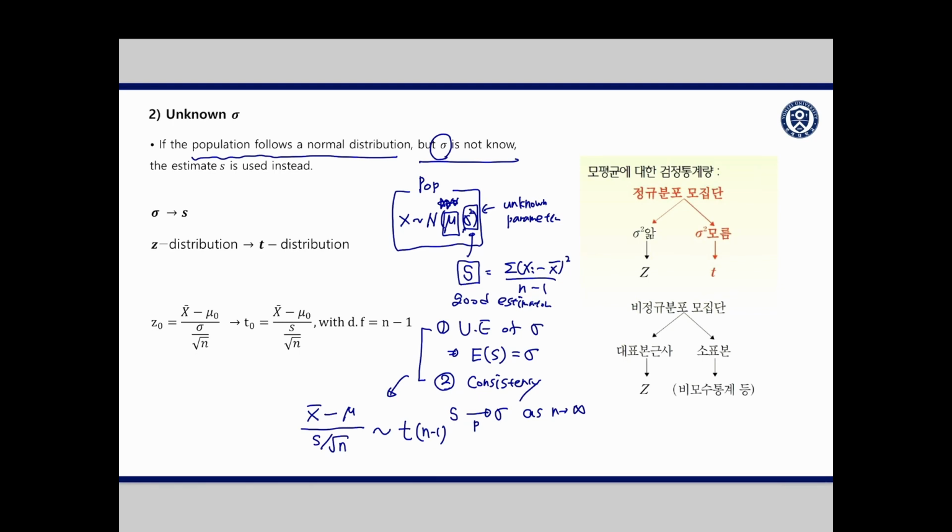So in summary, when dealing with a normal population and unknown parameter sigma squared, we can use the t distribution for the estimator X bar by replacing sigma with small s.